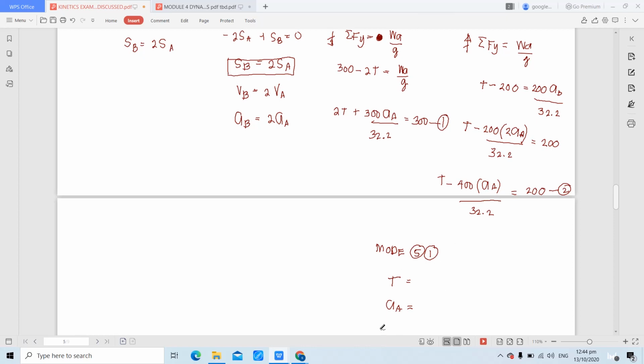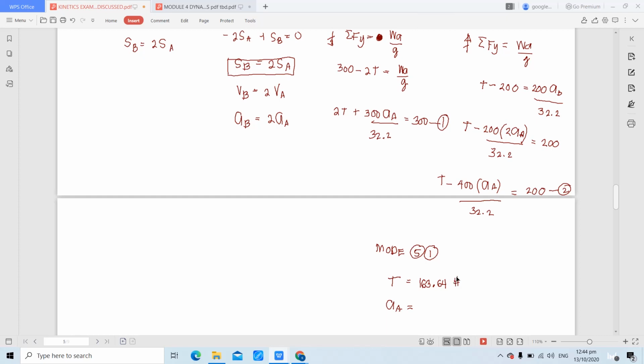Then you can compute the value of tension T and acceleration of A. What is the value, guys? 163.64 pounds.